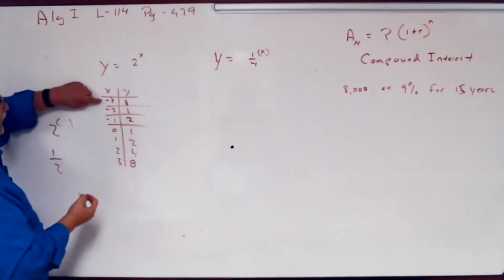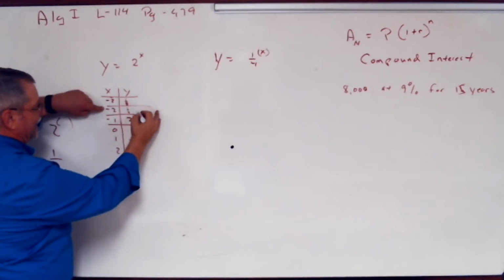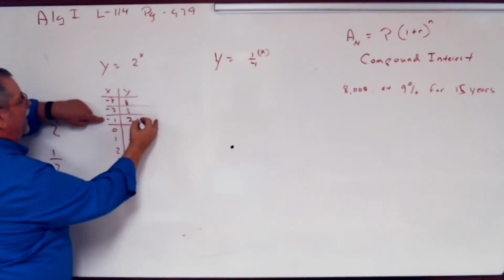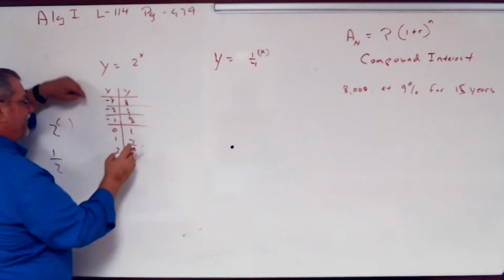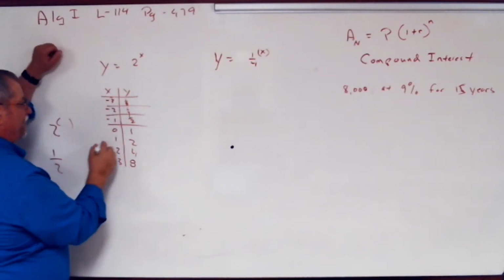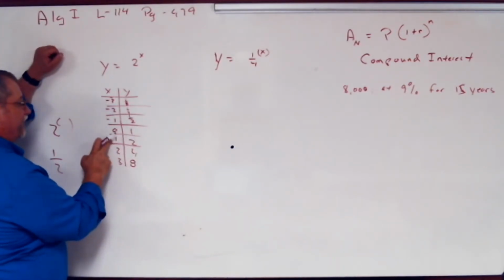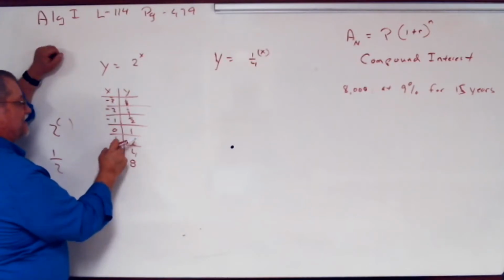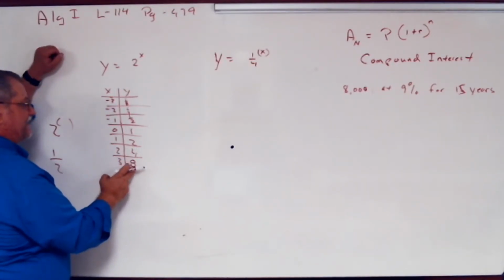The negative 3 comes out as 1/8. Negative 2 is 1/4. Negative 1 should be, I didn't do that right, 1/2. My mind was in the right place, my body wasn't. Anything to the 0 power is 1. 2 to the 1st power is 2. 2 squared is 4. 2 to the 3rd is 8.